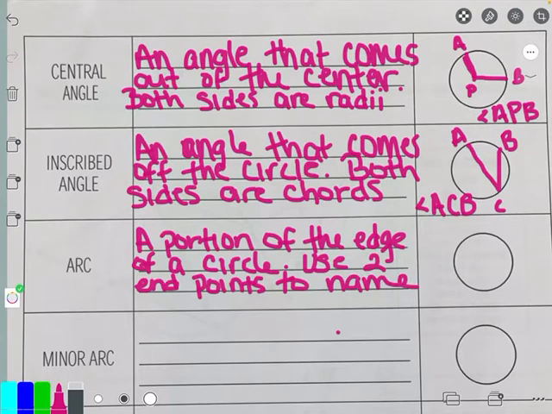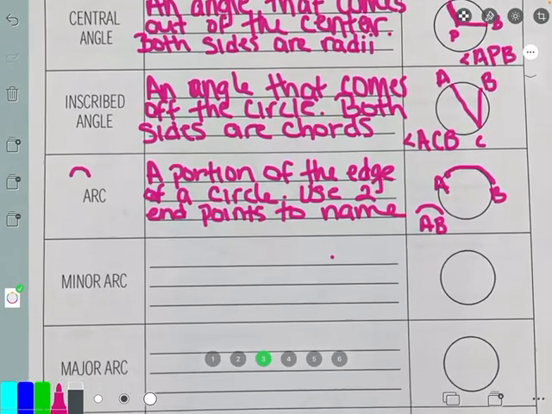Also, arcs have a symbol, just like we have the congruency symbol or the similarity symbol. In this case, the symbol for an arc is, I know it's a little redundant, going to be a little picture of an arc. For example, in the picture, I'm doing a portion of the circle from A to B, so I could call this arc AB, and I put the symbol on top of the letters.